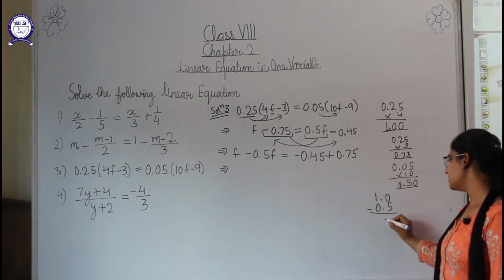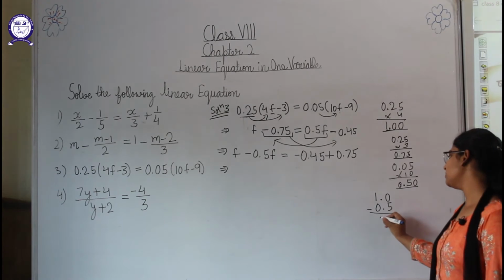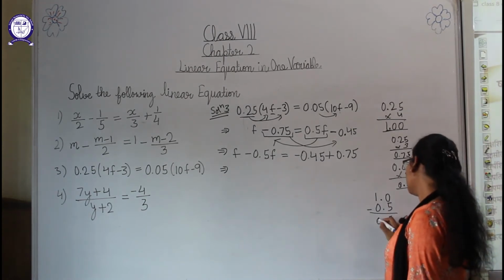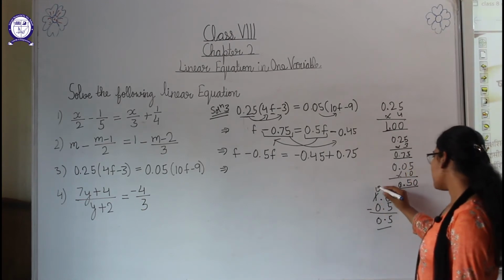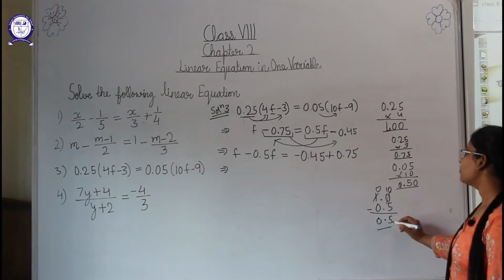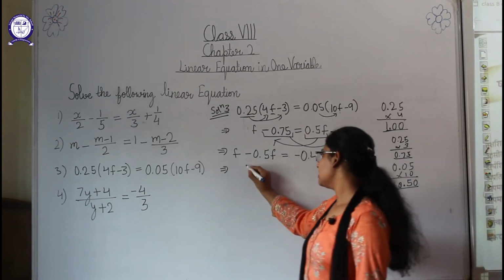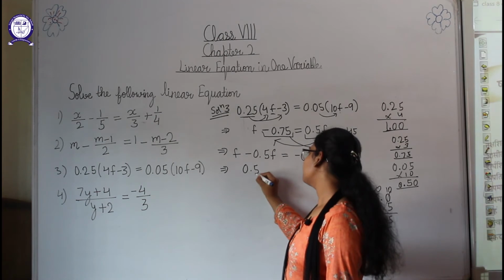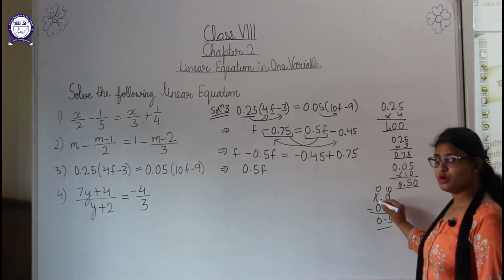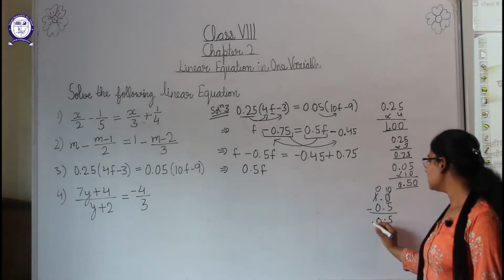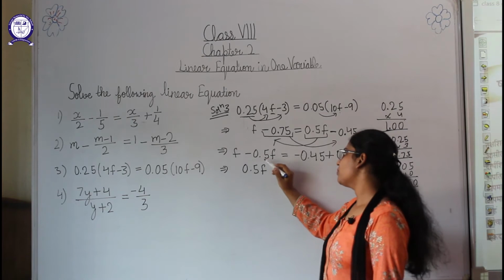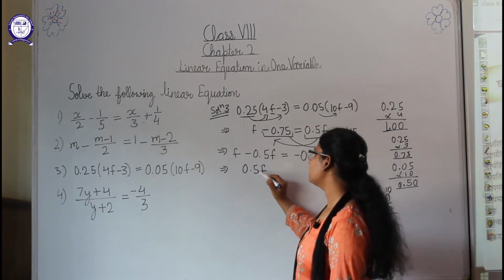It will become 10 and 10 minus 5 will be 5 and it will become 9. It will be 0 because this will become 0 as it gives the borrow here. So the answer will be 0.5. So here we are putting 0.5f. And students, as here this one is positive and it is the bigger one, so answer will be positive. Okay, so f minus 0.5f will be 0.5f.